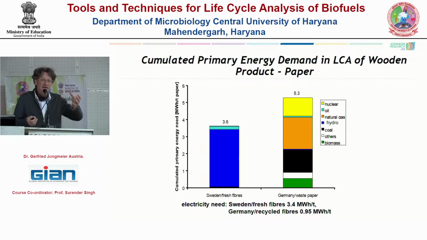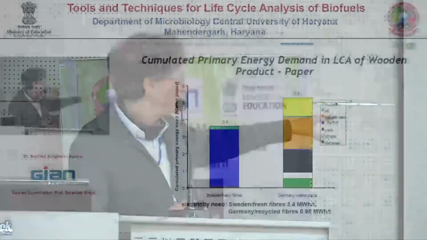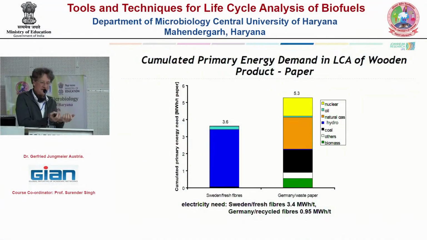Because here the efficiency of the thermal power plants is integrated. So if you want to have 1 megawatt hour of electricity, you need 3 or 4 megawatt hours of primary energy. So with electricity, primary energy always takes the conversions into account, and therefore it's really important not to compare on an electricity level, saying this is more energy efficient.